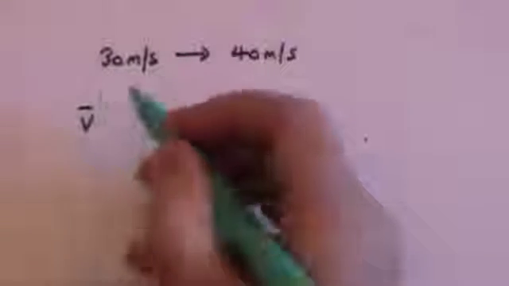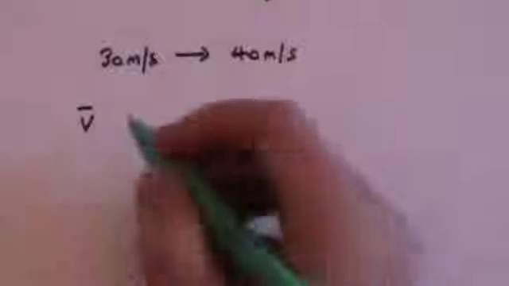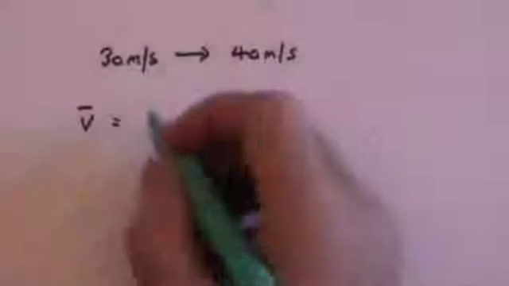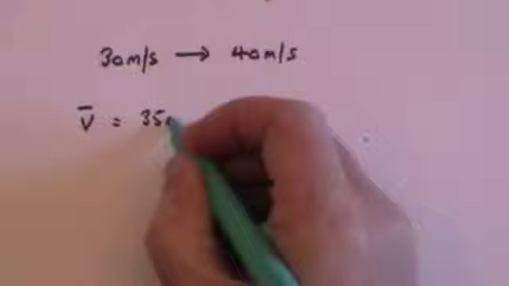What would be the average velocity, which I'm going to call v bar, if we go from 30 to 40? And I'm going to assume that we go up in a regular fashion, so we go from 30 to 40 with a constant acceleration. Well, just by inspection, I think you probably would deduce that the average would be 35 metres per second.